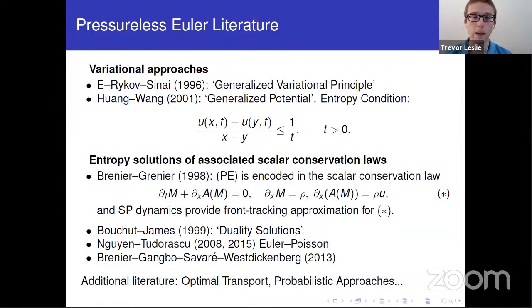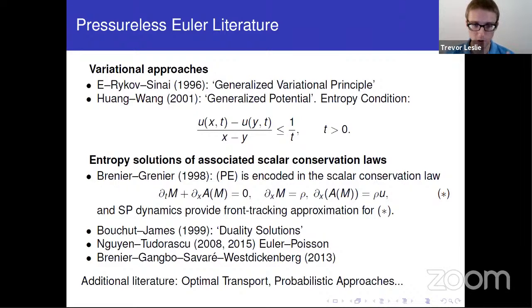They construct a solution by a method they refer to as the generalized potential, though the construction is essentially equivalent to Rykov and Sinai's. And more importantly, they show that this inequality serves as an entropy condition strong enough to guarantee uniqueness. And this is a very nice result, and we'd love to say something similar for the Euler alignment system, but it's not clear yet, at least to me, whether this framework can be applied successfully.